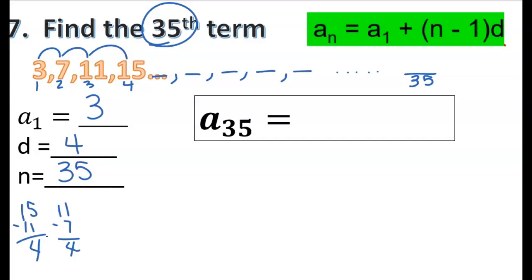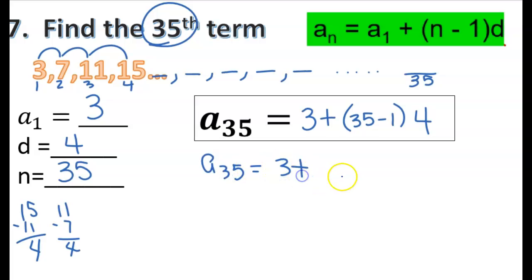We start with the first term. The n is the 35 that it gave me in the problem, and the d was a 4 in this problem. Now, you can put it into Desmos or your calculator just like that, or you can do 35 minus 1 in your head and put it in like that.